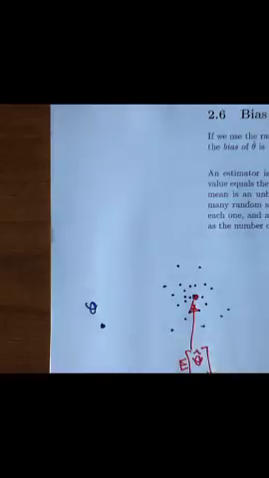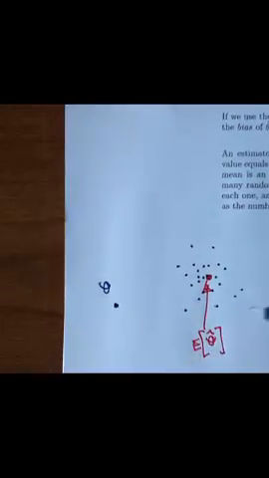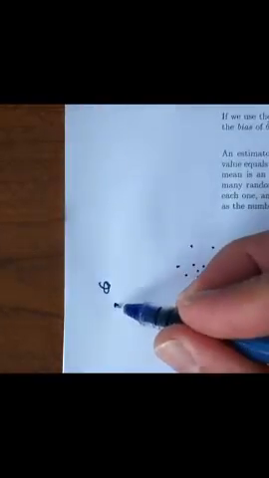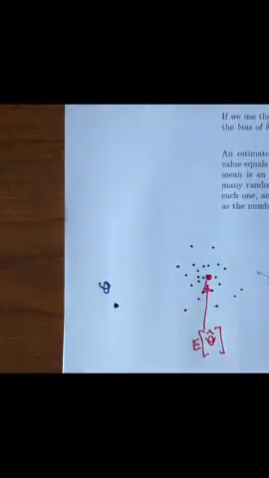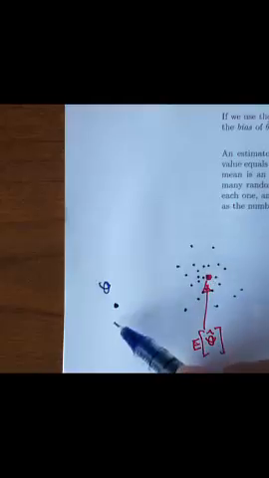Liken this to target practice. Maybe this is the bullseye. You're shooting a rifle and aiming for this point, but you never quite hit there. You're all over here somewhere. So you have this notion of accuracy and precision. Accuracy has to do with whether the point cluster is centered there.